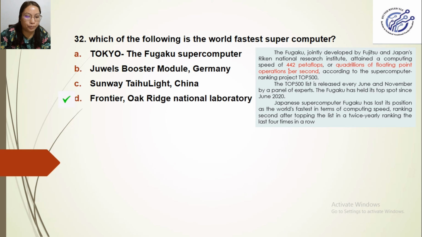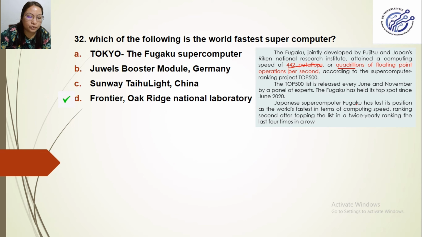Meron po siyang 442 petaflops, or quadrillions of floating point operations per second. Ng June 2020 po, ito pong si Fugaku supercomputer, natanggal po sa kanya yung title na World's Fastest Supercomputer, napalitan na po siya.